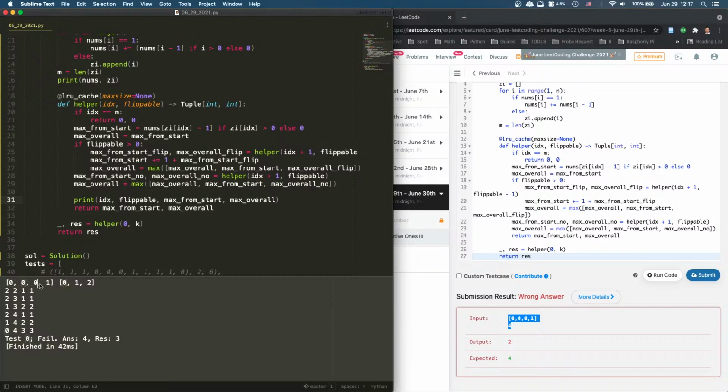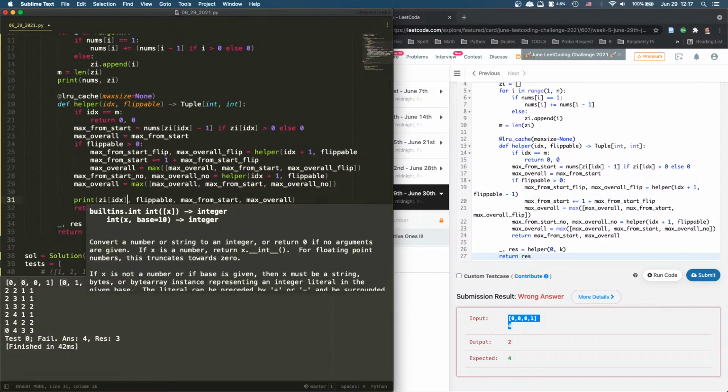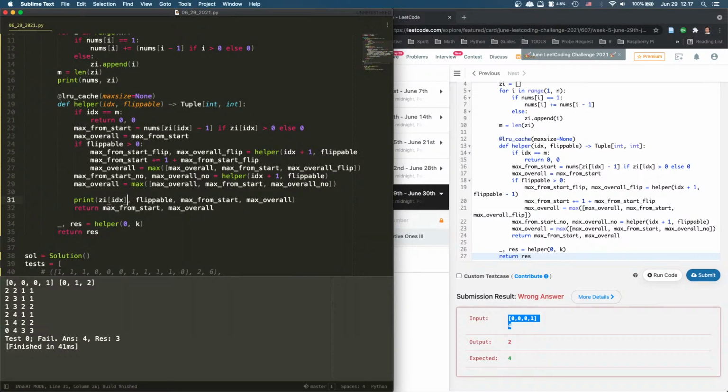Flippable is... Oh, hold on. Index is this index. We have to do zi index. So zi index will be 2. Right, flippable is 2.